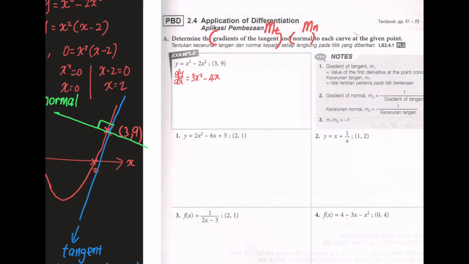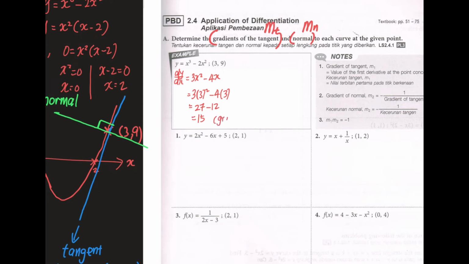Then second step, substitute the x coordinate. This is the x coordinate. Substitute the x coordinate into x, here and here. So when you substitute, you will get 3 times 3 squared minus 4 times 3, which is 27 minus 12, which is 15.